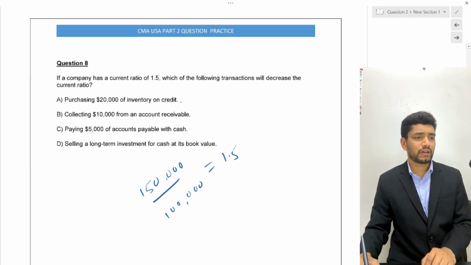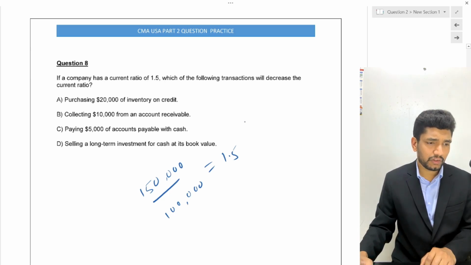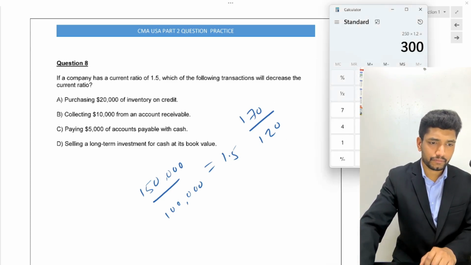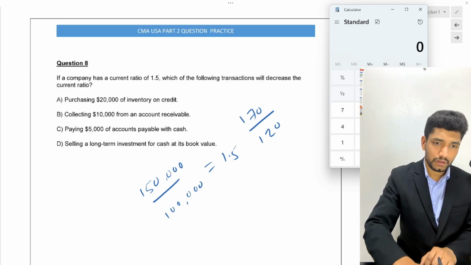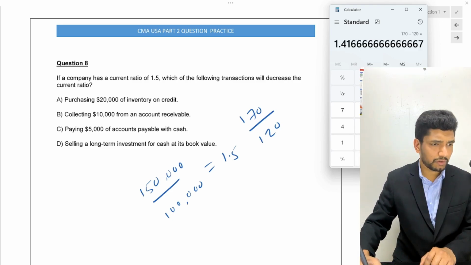Purchasing 20,000 of inventory on credit. If it is purchased, what will happen? The current asset will increase to 170 and current liability will increase to 120. So as a result, what will happen? 170 divided by 120, that is 1.4.